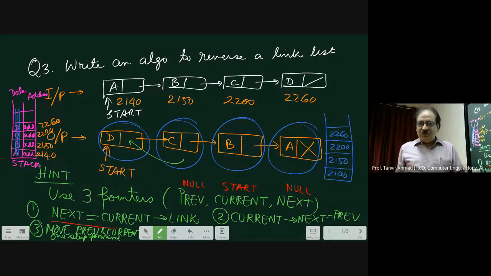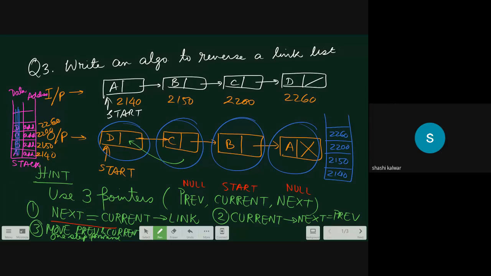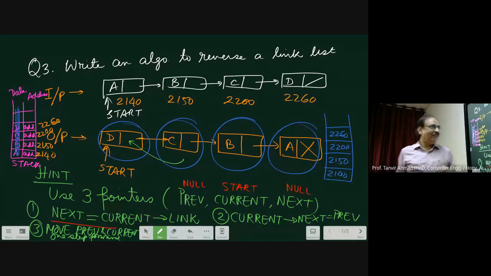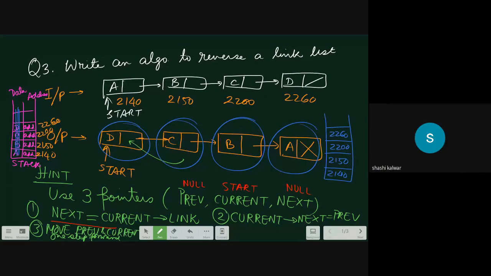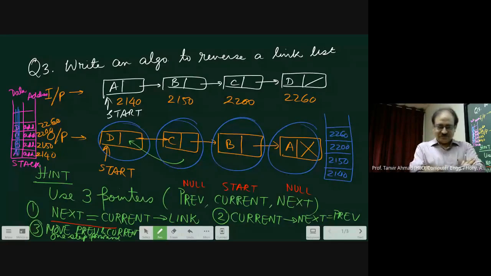Is it actually 2n or more than that? It's more than that. How? Because we are doing something else also. What something else?